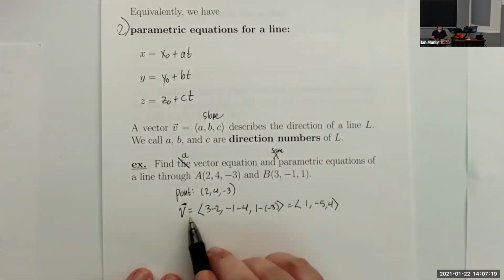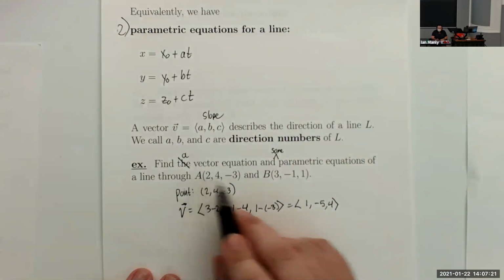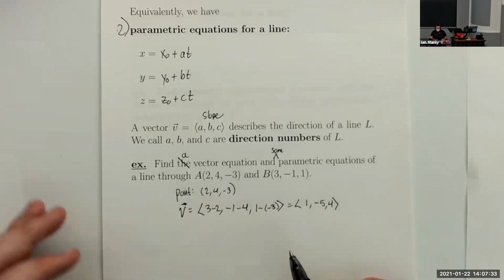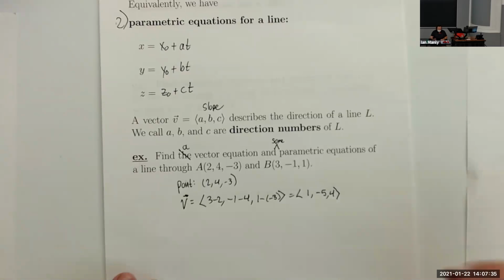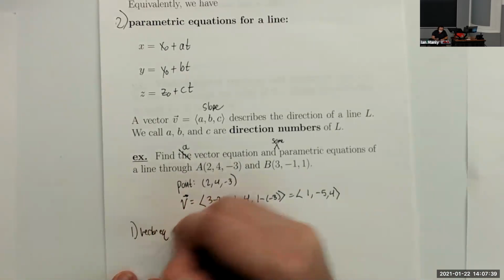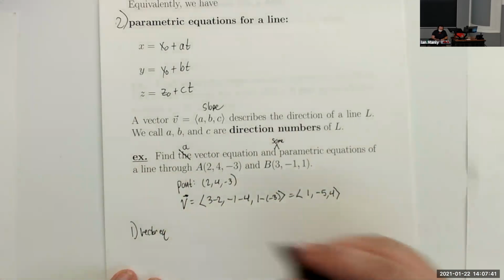And so this vector is the vector that points from A to B. So this vector will definitely lie parallel to the line that we care about here. So if you ever know 2 points of the line, you could subtract them to end up getting your direction vector, or your slope. All right, so now that we have these, I'm going to write the vector equation for this line.